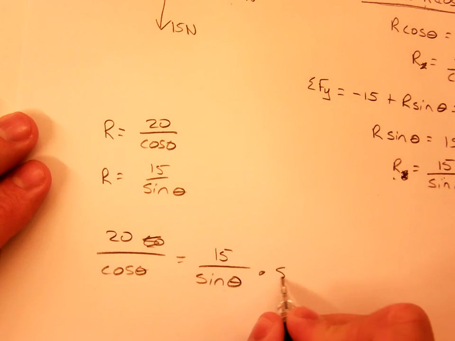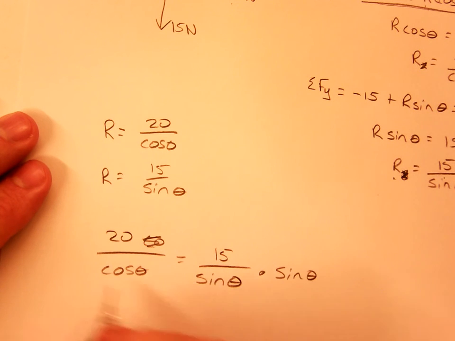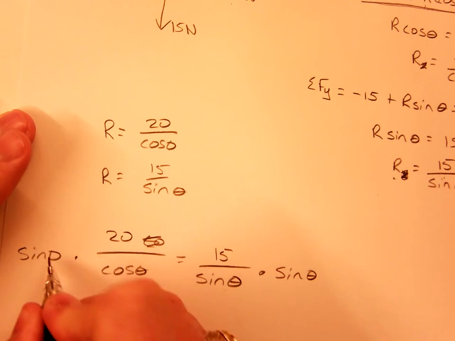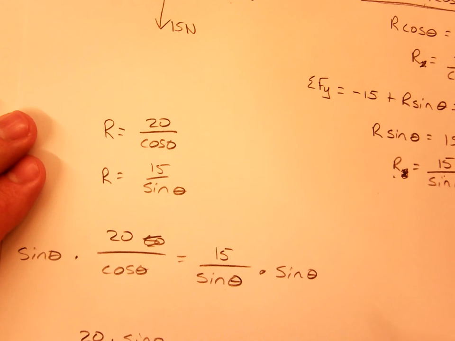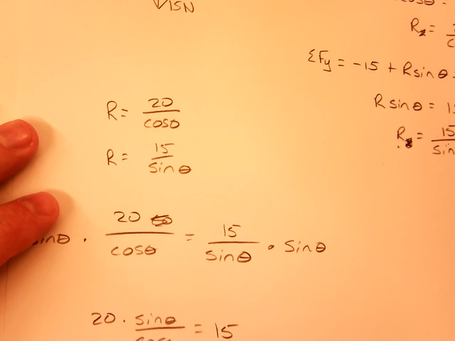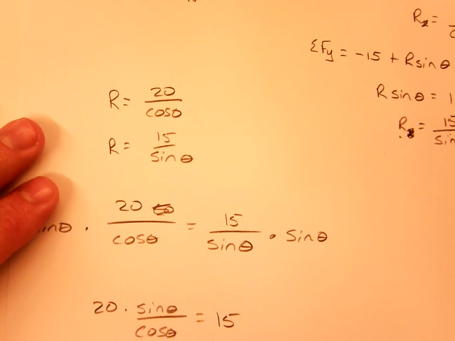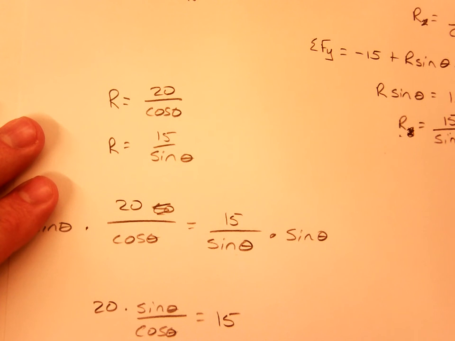If I multiply both sides by sine theta, I get 20 times sine theta over cosine theta equal to 15. Yes? That is correct. So 20 tan theta is equal to 15. So tangent of theta is equal to 15 over 20.